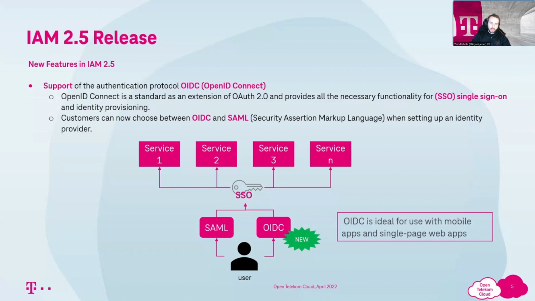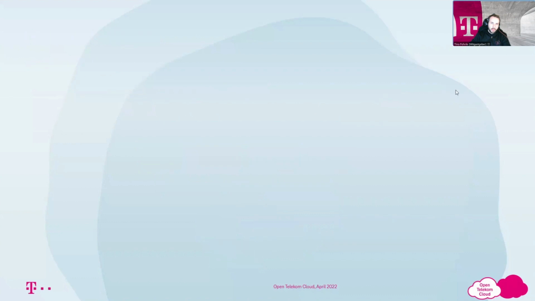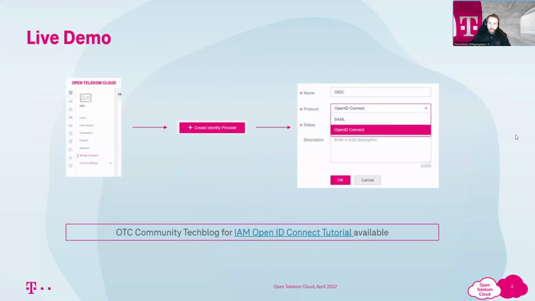OpenID Connect is a newer protocol than SAML and is now also included in IAM 2.5. Both protocols support single sign-on to your service. OpenID Connect is more suited for mobile apps or web pages. This is now included in IAM as mentioned.